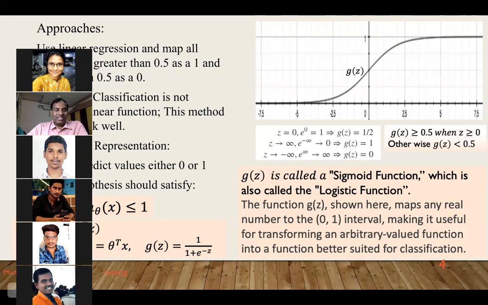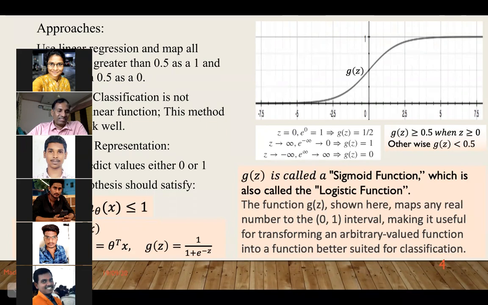Okay, so what we do is, usually this theta transpose x. What is theta transpose x? Anybody remember in linear regression? Y predicted for a particular value, y predicted is equal to what? It is theta transpose x, right? Theta naught x0 plus theta 1 x1 and so on.